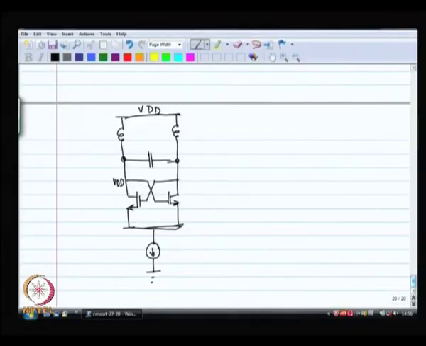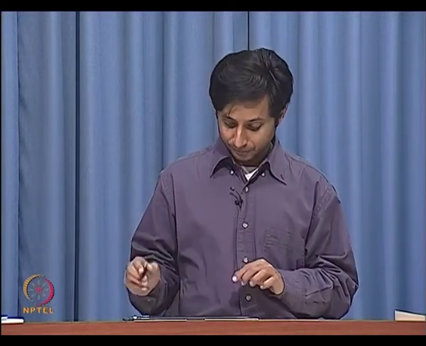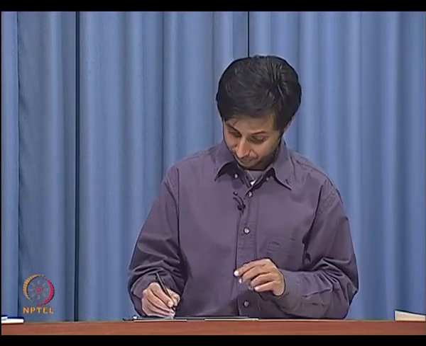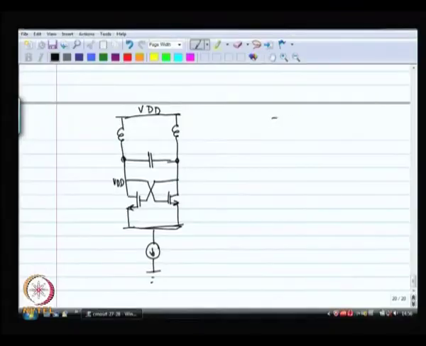So, this is one example of an oscillator, tank based oscillator. There are variations in the topologies. You can use PMOSs, you can use NMOSs and PMOSs. For example, you could contemplate doing this.